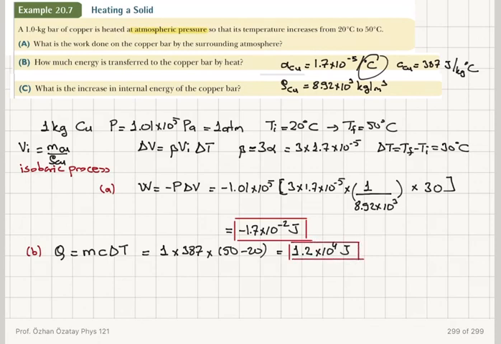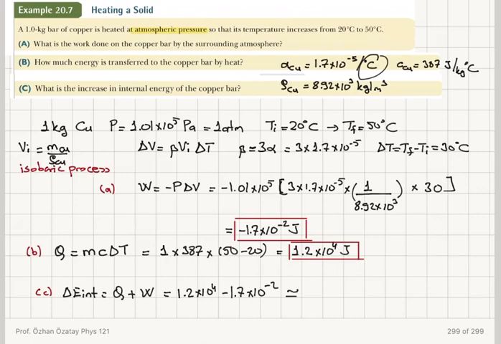And in part C, what is the increase in the internal energy of the copper? Well, that's the first law of thermodynamics. Change in internal energy is heat added plus the work done on the copper. So this will be equal to 1.2 × 10^4 minus 1.7 × 10^-2.